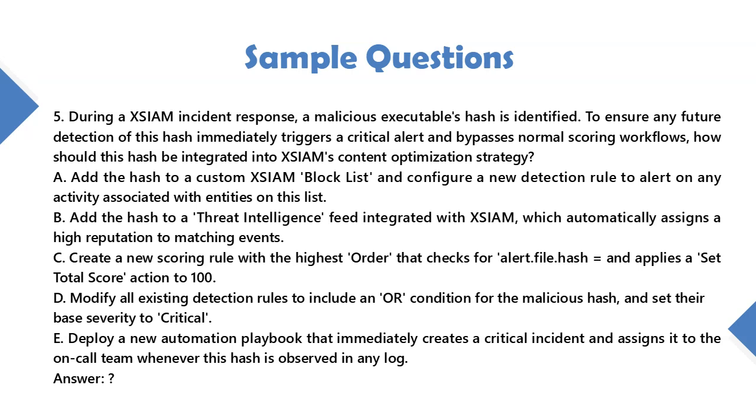D. Modify all existing detection rules to include an OR condition for the malicious hash and set their base severity to critical. E. Deploy a new automation playbook that immediately creates a critical incident and assigns it to the on-call team whenever this hash is observed in any log.